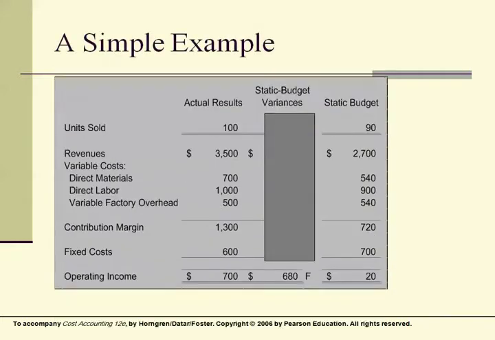Simple example. If we just compare operating income under actual results, 700, and operating income under static budget, only 20, the difference between 700 and 20 equals 680.